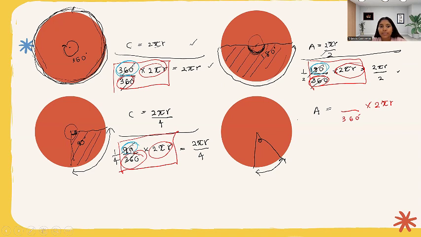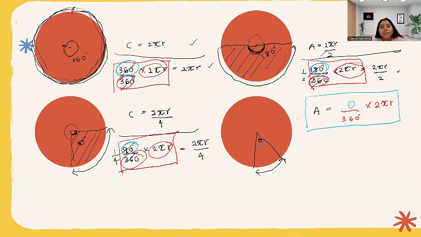So as you can see, this value represents the angle at the center of that particular sector. So here this angle is theta degrees. We do not know the value, so we keep it as theta degrees. So this is the equation that we can use to measure the arc length of a sector.